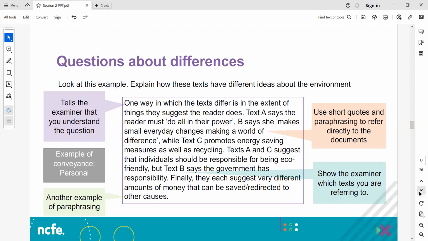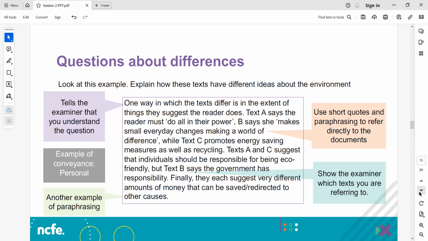So we've got a short quote from text A and text B with a summary of the idea in text C. So you can use a combination of those. It's definitely good to have some quotes in your answer, but don't use them for every part of the answer. So also putting in some paraphrasing or summarising.